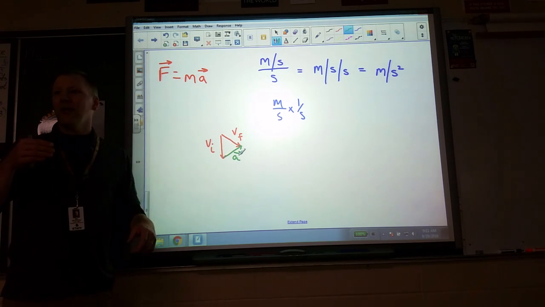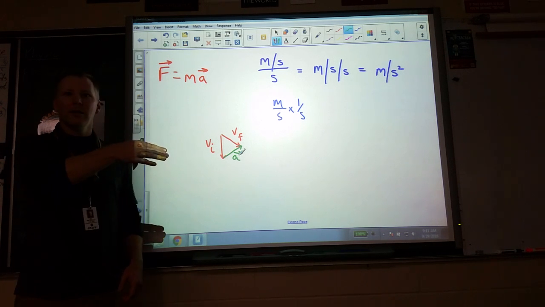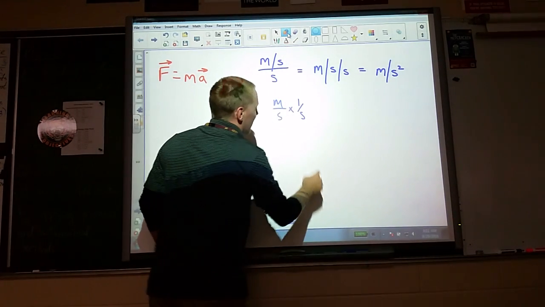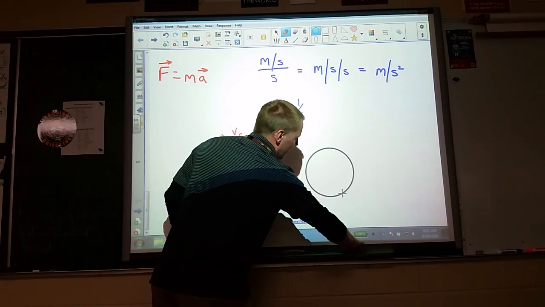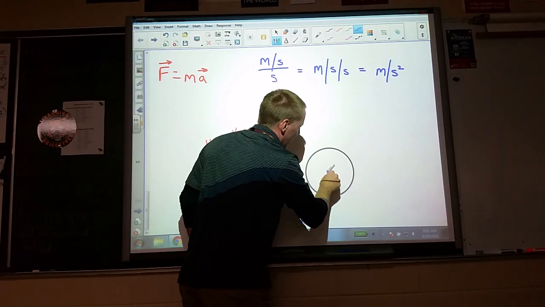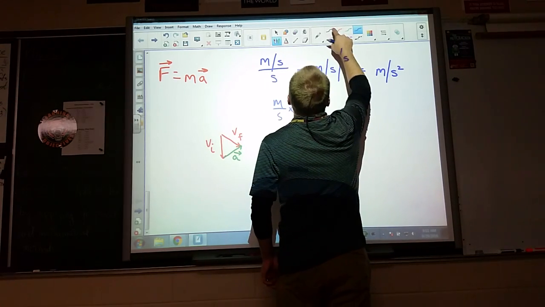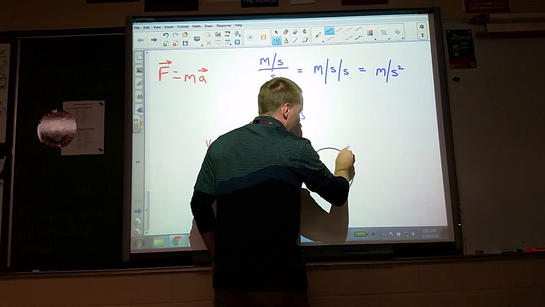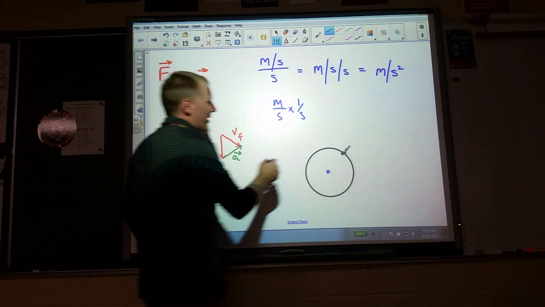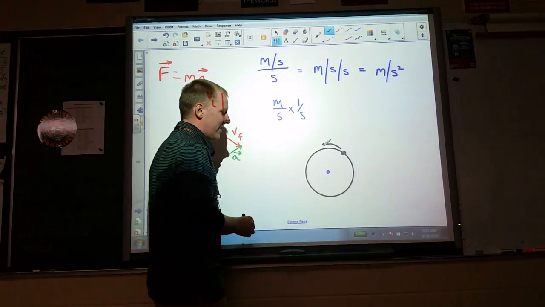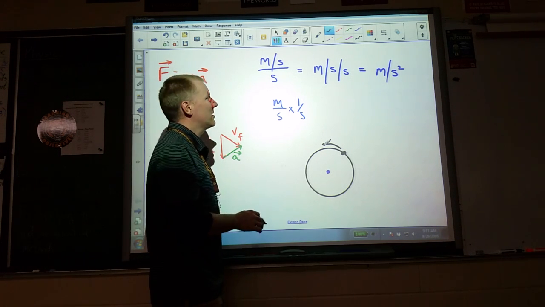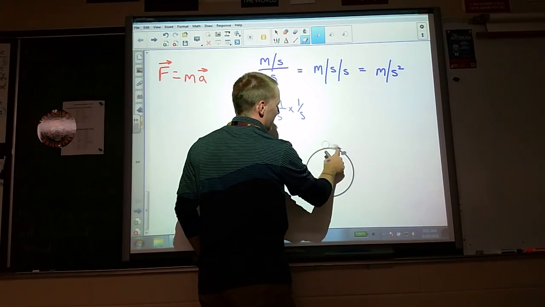If it were outward, if I were pushing outward, it would just keep going outward. But it doesn't. If we have a circle, and let's say we've got a tiny blue dot in the middle, that'll represent Earth. If the moon is going around like so, let's say that suddenly the Earth ceases to exist. Not even that it blows up, it just ceases to exist, because if it blows up, this wouldn't be the same.